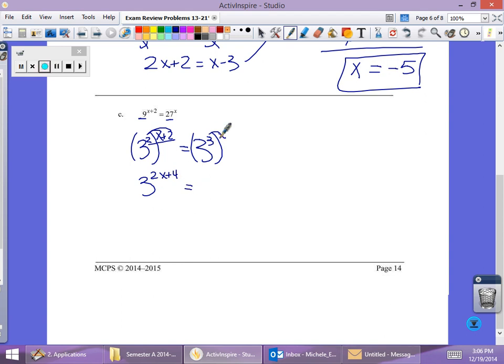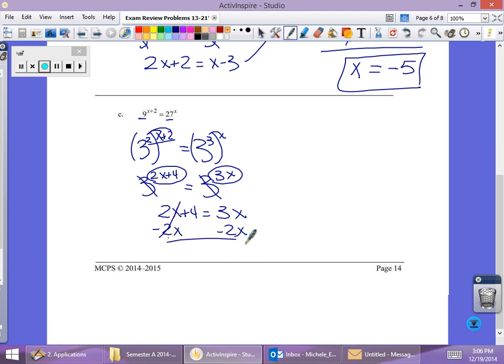On the right-hand side, if I multiply, I get 3 to the 3x. Now that the bases are equal, we can set the exponents equal to each other. The quickest way to solve this equation would be to subtract 2x from both sides. 2x minus 2x is 0. Bring down the 4. 3x minus 2x is x. So I am done.